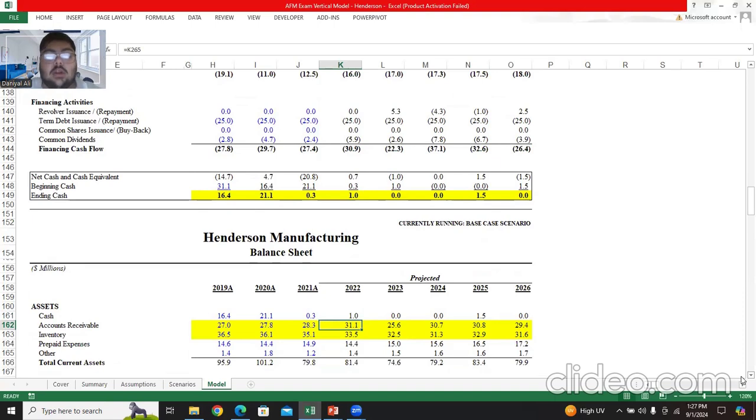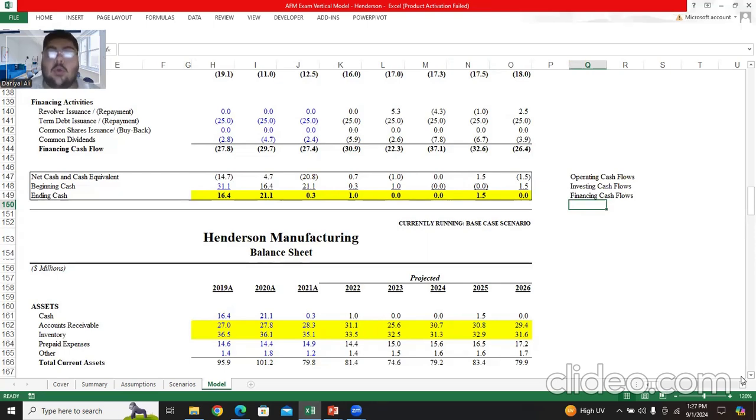Next, account balance or accounts receivable. This has already been explained to you. Your net cash and cash equivalents, your cash flow movement, include operating cash flows, your investing cash flows, and your financing cash flows, and then you relate towards your cash and cash equivalents.